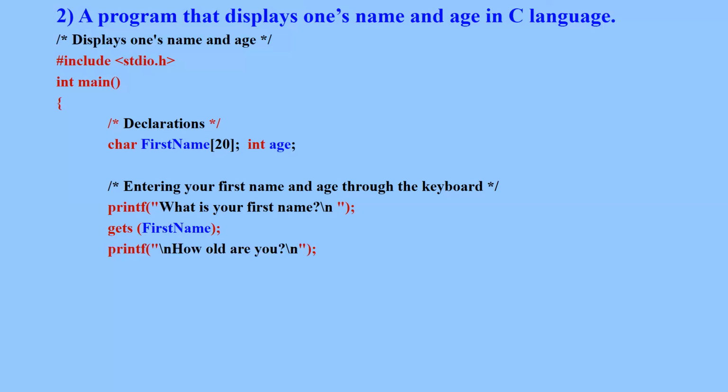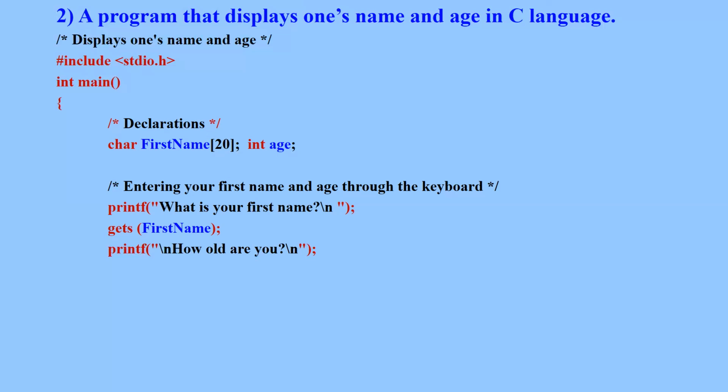Then the next statement is to request the user for his or her age. So display the following statement after you have dropped one line on the screen. That's what the first escape sequence does. How old are you? That statement will be displayed on the screen, and the cursor will be taken to the next line.